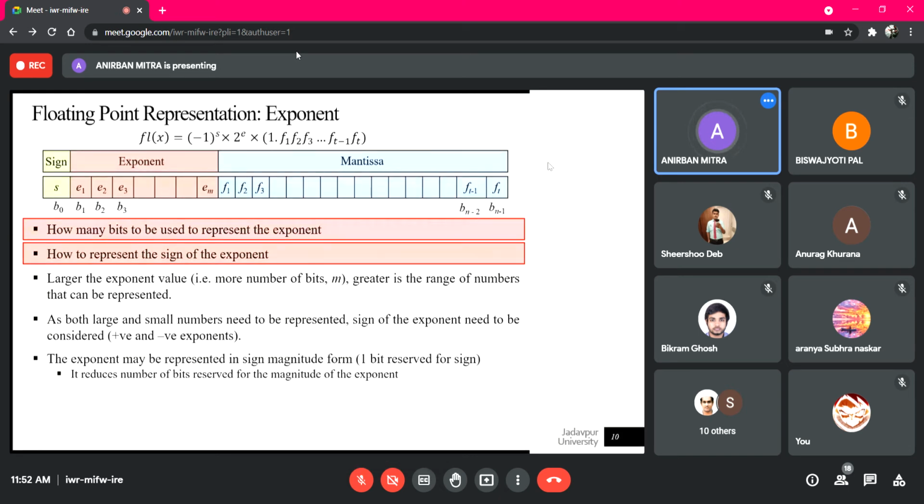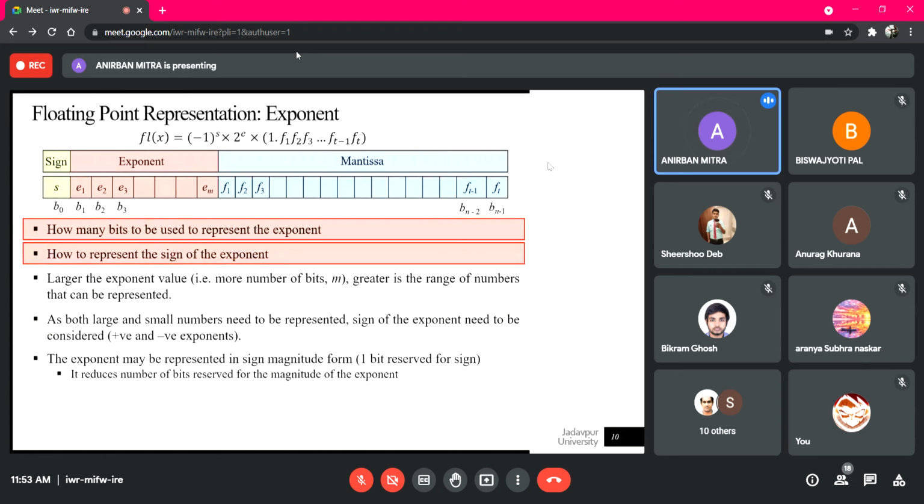That is, if we save 1 bit for the sign, this representation causes a case of duplicate zeros, a positive 0 and a negative 0. You will see that happen in case of the mantissa as well.